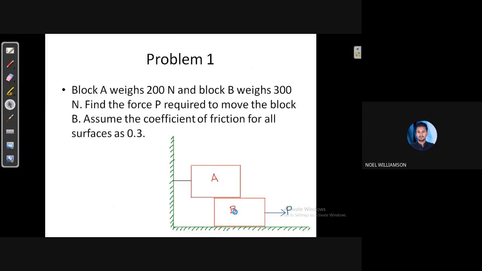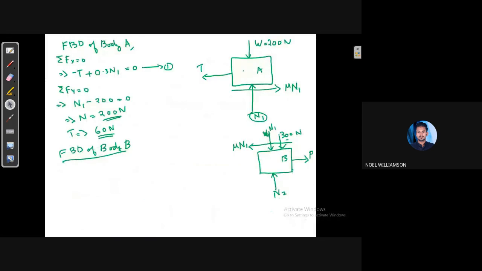So we can see the friction in this particular direction, and the value will be mu into the normal, that is here mu into N2. So this is the free body diagram.